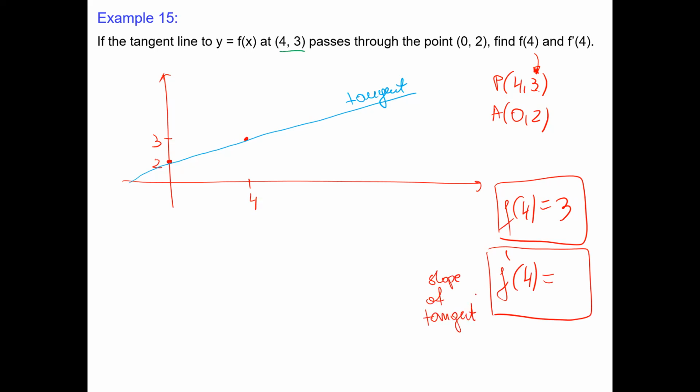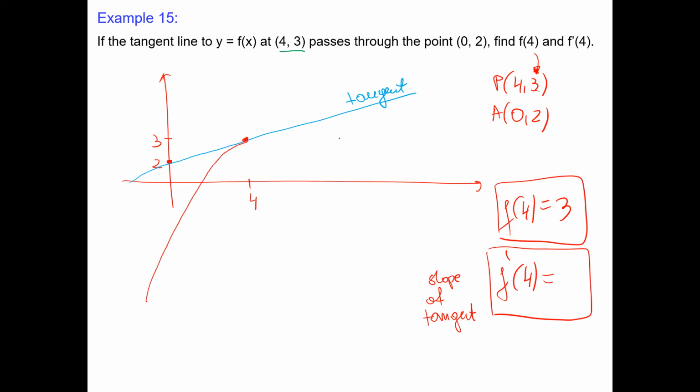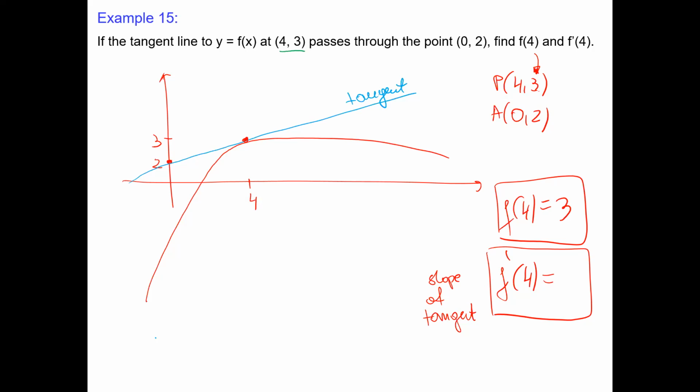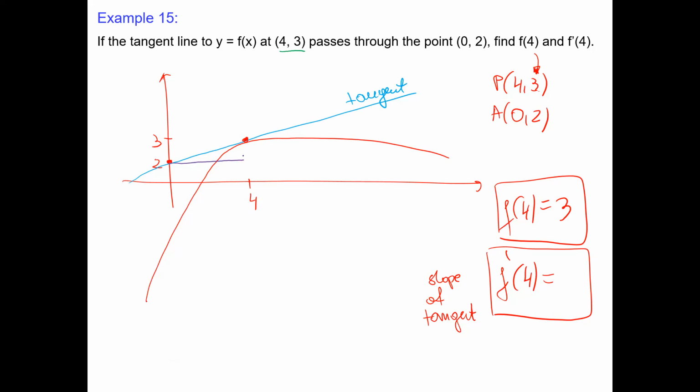Let's say this is the function. A little bit of a weird shape, but because I wanted to draw a tangent, it doesn't look like a sharp turn. Let's do it more smoothly. Okay, that's the tangent line. Since I will not use any definition, I will just use rise over run.